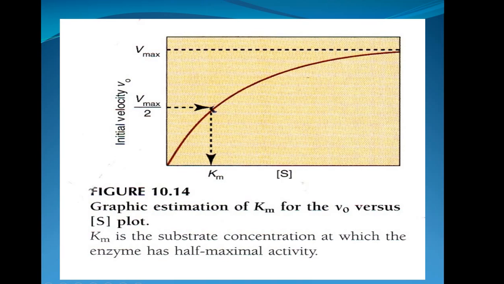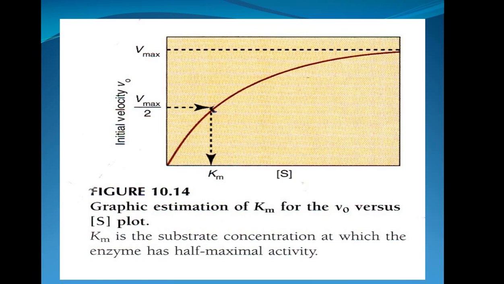As the concentration of the substrate is increased, there is an increase in the velocity of the reaction, and it reaches a maximum called Vmax. So Vmax means it is the maximum velocity for that enzyme catalyzed reaction.